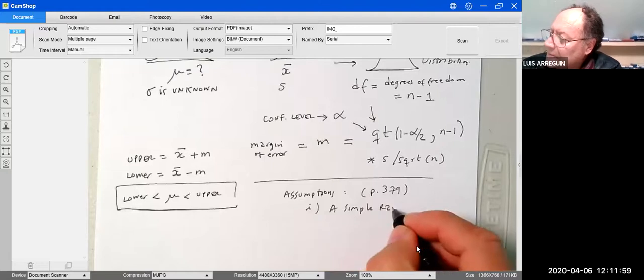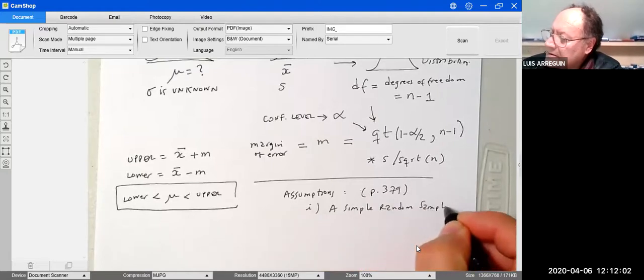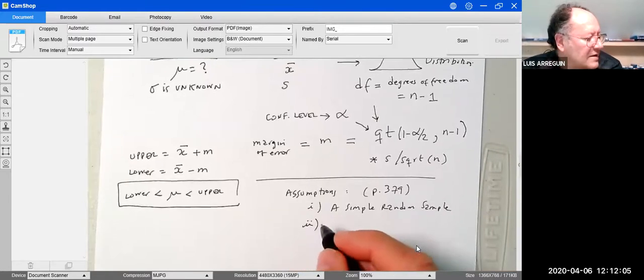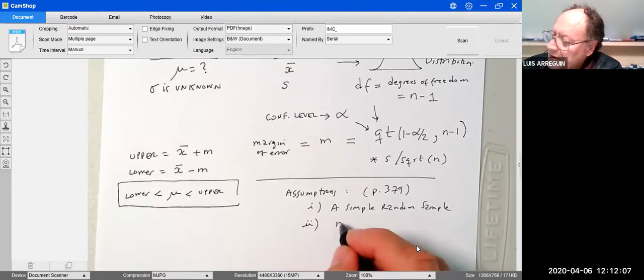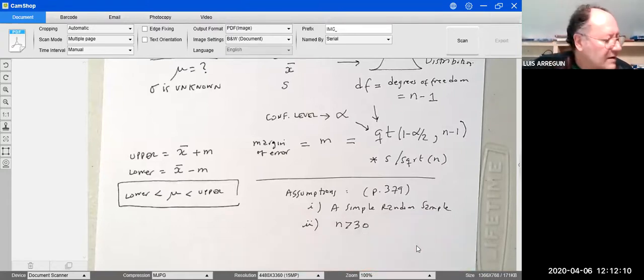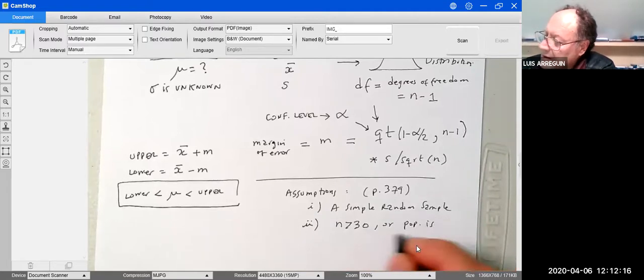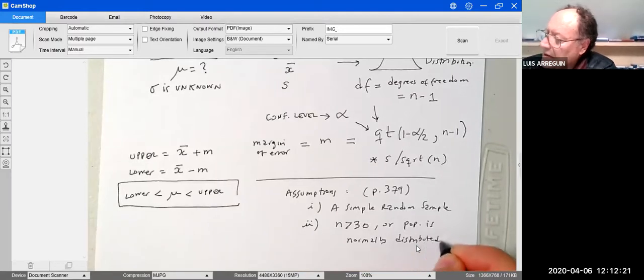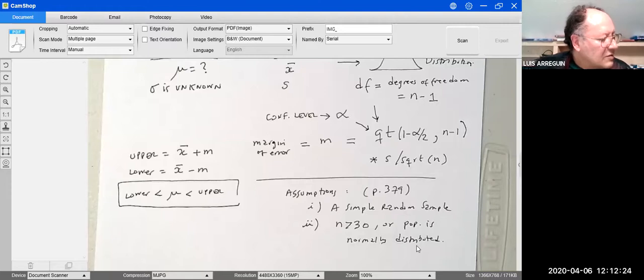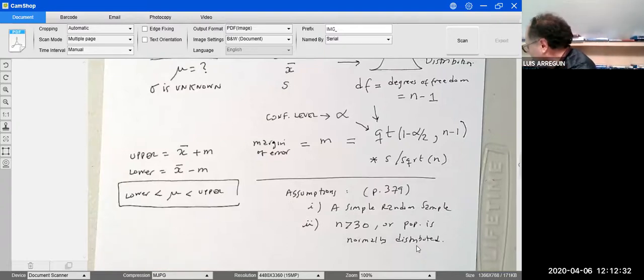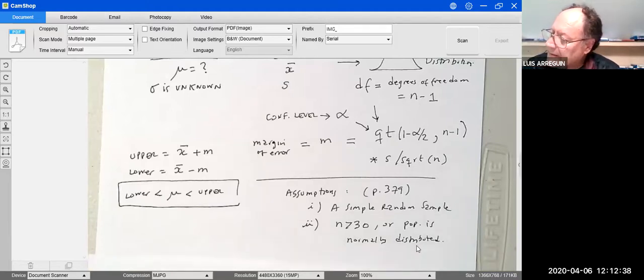A simple random sample, and the other assumption is that the sample size is greater than 30, or that the population is normally distributed. If we satisfy this condition, then we're going to be able to get this confidence interval. So we're going to solve an example, and then I'm going to give you a couple of problems to complete your classwork for today.